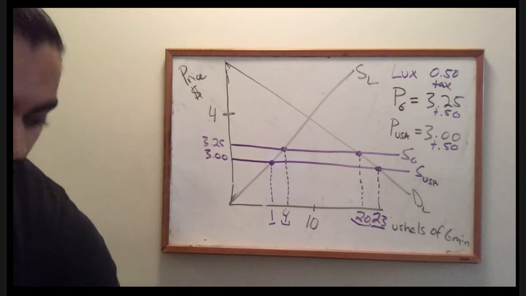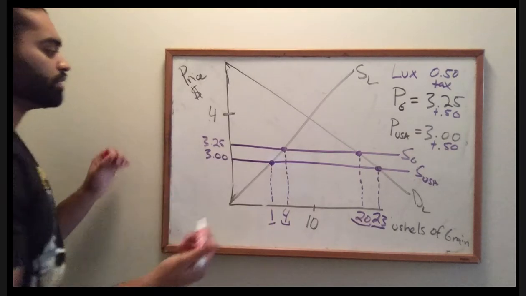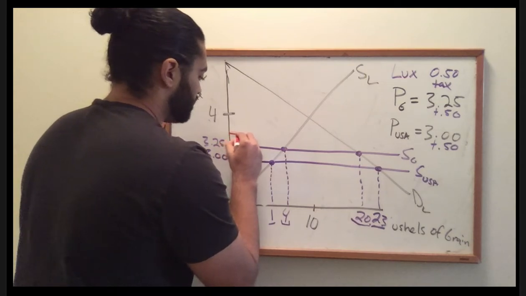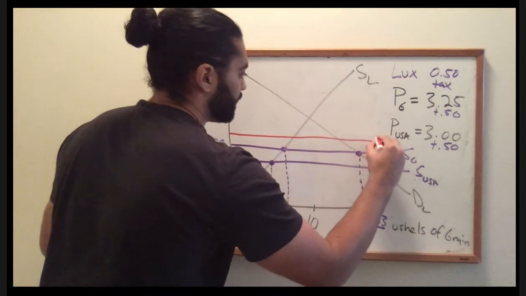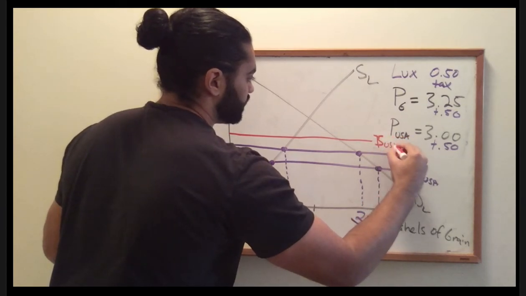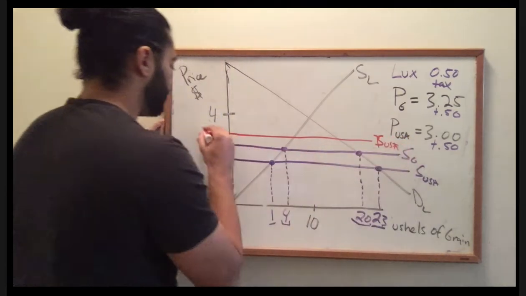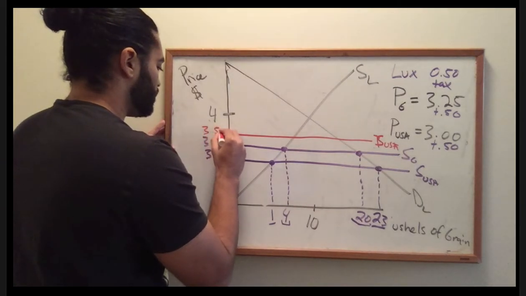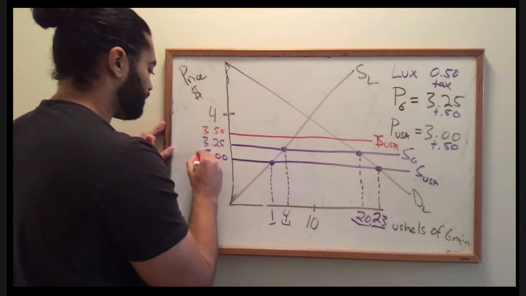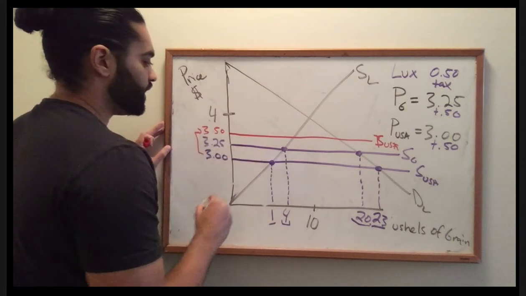So now we have new supply curves. So the price for the United States is going to be right here. Supply of the USA. And this is at 350. And then the price, so we noticed that the price went up from here to here for the United States.